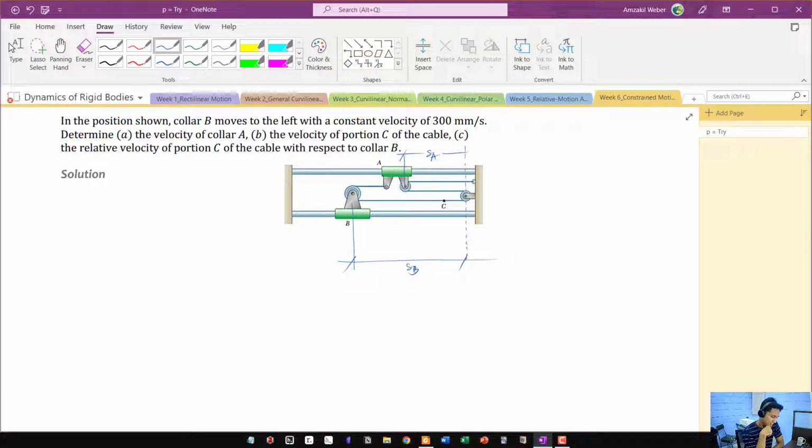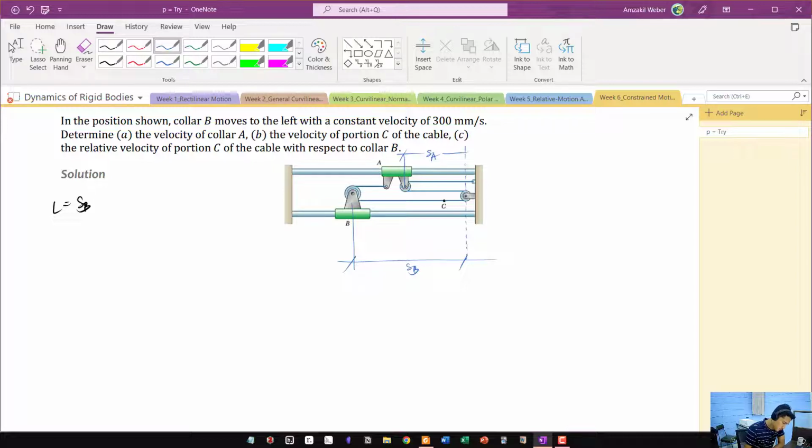Next is the equation. For the equation, you only need one equation. Length is equal to SB. First line is SB. The second is SB minus SA.